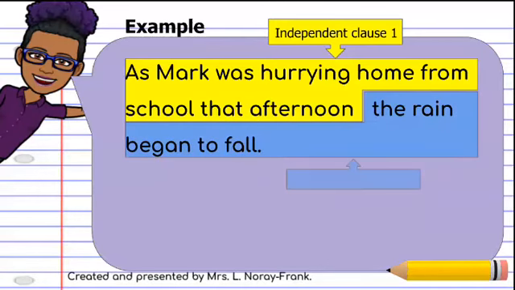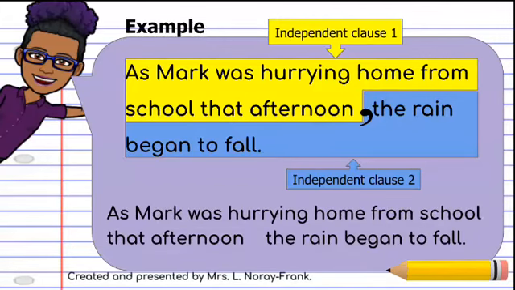And our independent clause number 2: the rain began to fall. So we have these two clauses and a comma separating independent clause number 1 from independent clause number 2.